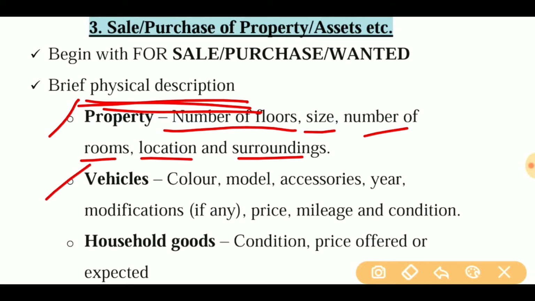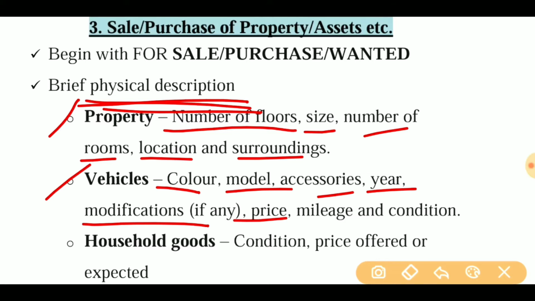If a vehicle is there, you should mention its color, model, accessories, year of manufacturing, modifications if any, if you have had your vehicle modified, its expected price, mileage, and its physical condition. These are the things you should mention for a good kind of advertisement.